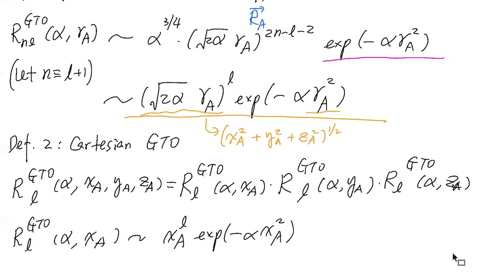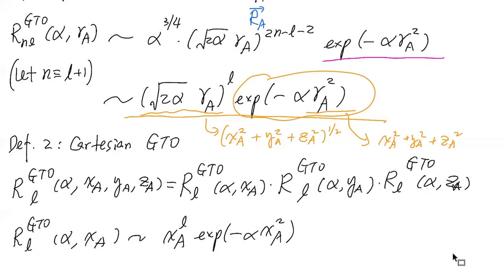But if you write RA squared in the exponential term as XA squared plus YA squared plus ZA squared, you can separate this exponential term into the product of three terms: exponential negative alpha times XA squared, exponential negative alpha times YA squared, and another term, exponential negative alpha times ZA squared, right?